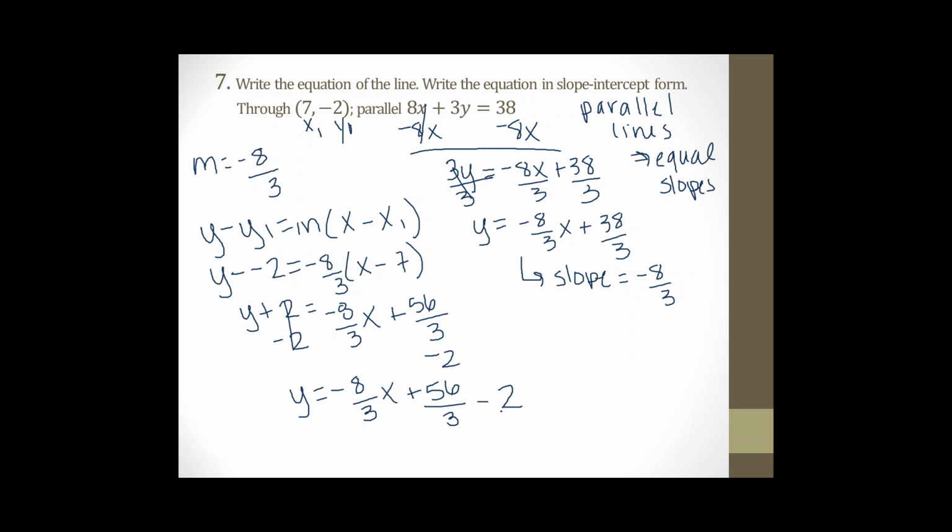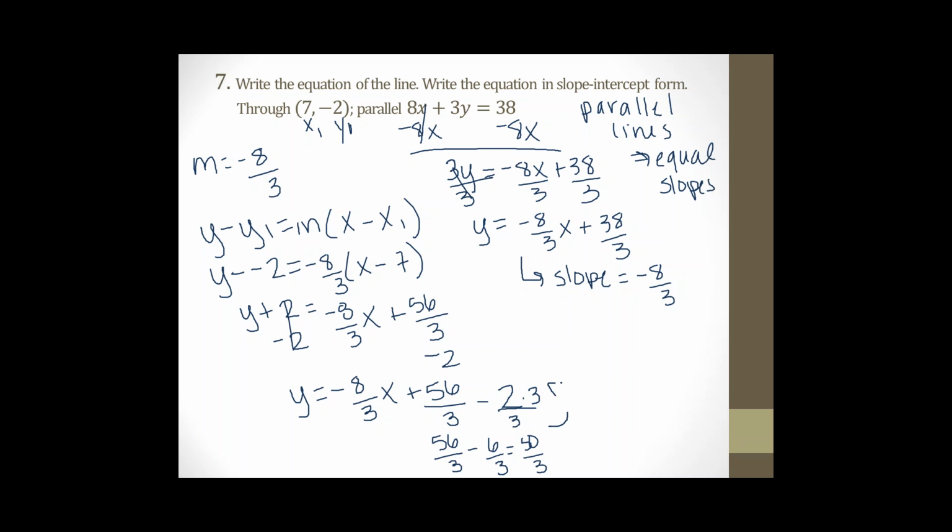So let's get a common denominator. The least common denominator will be 3. So if we multiply the top and bottom by 3, that'll give us 56/3 minus 6/3, which we know is 50/3.